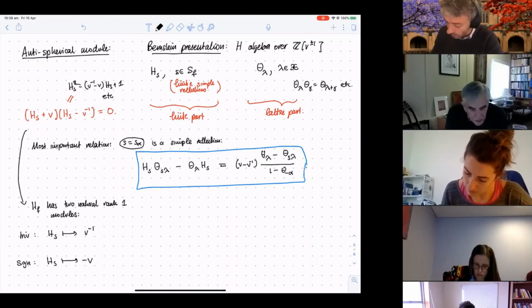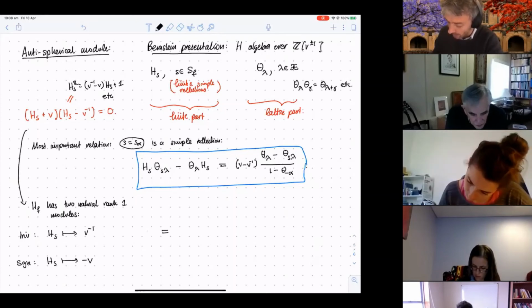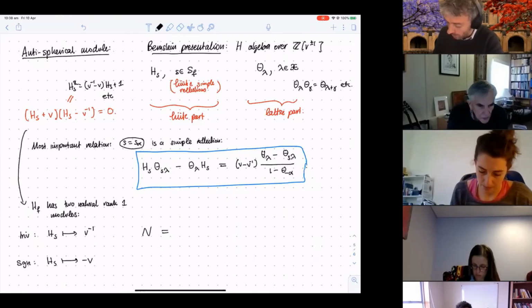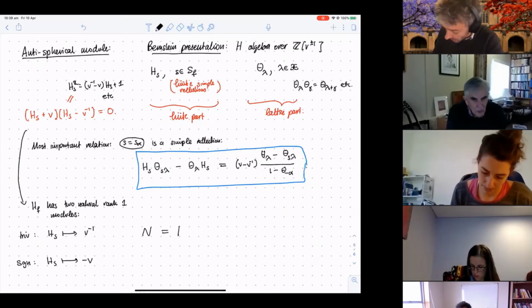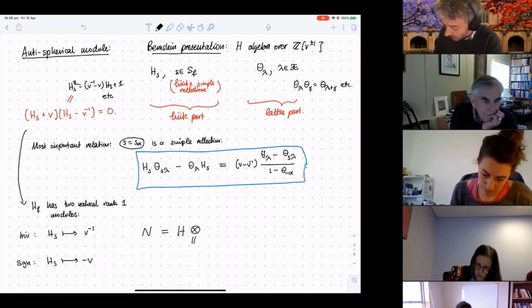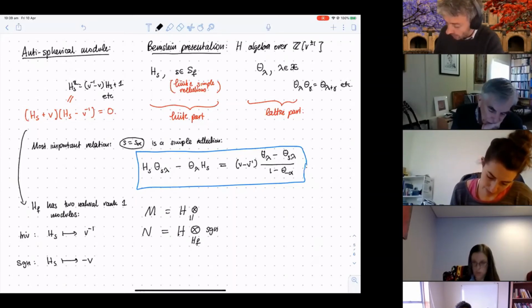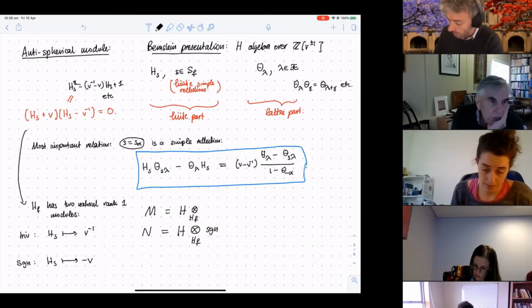And then we get this module N, which is the anti-spherical module, which is H tensored over HF with sign. And we get M, which is H tensored over HF with triv.